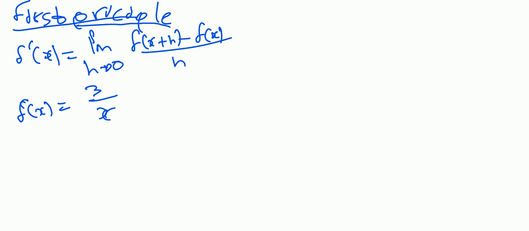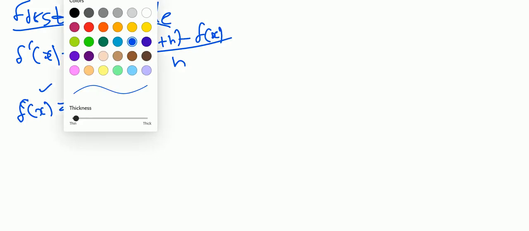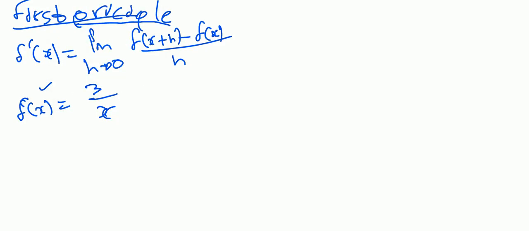F of x. Do we have f of x? Yes. What is the second requirement? The second requirement is that we must have f of x plus h. What is our f of x plus h in this case? Where we see x, we put x plus h. That means our f of x plus h will be 3 over x plus h.